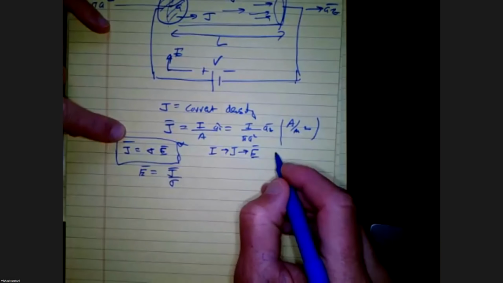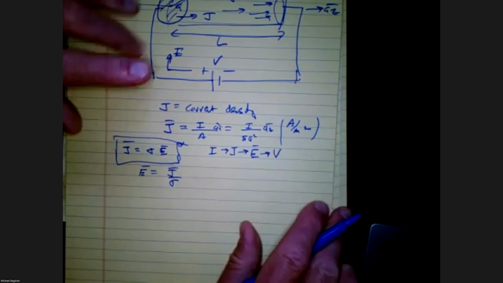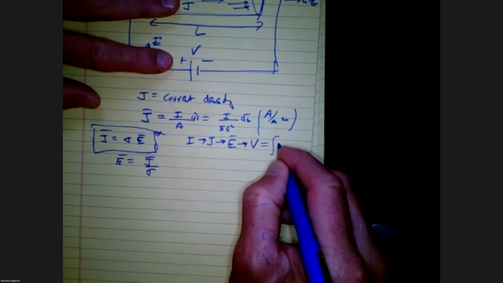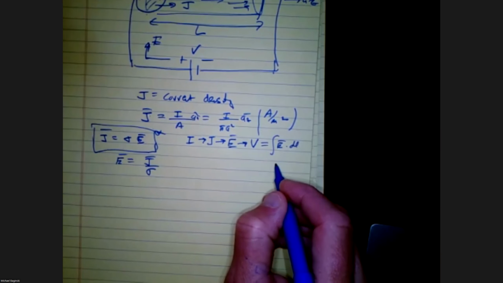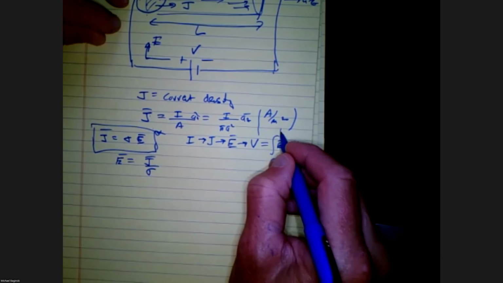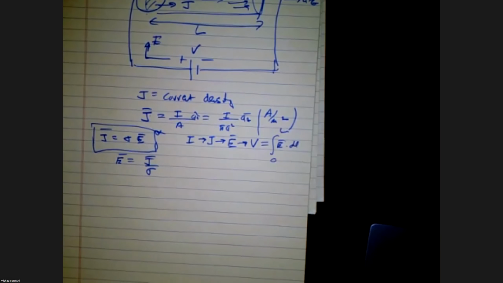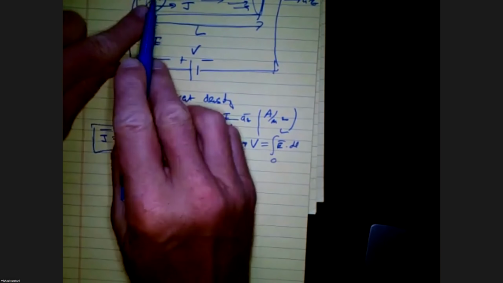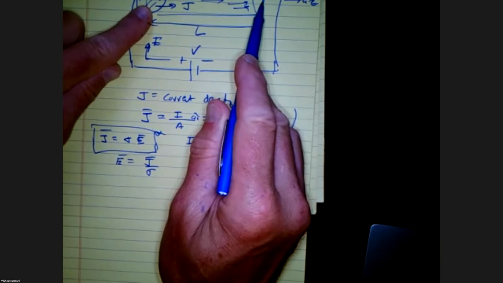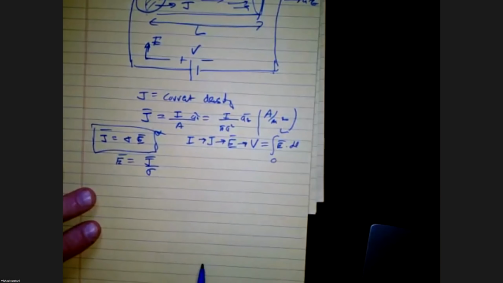Now, after the electric field, we're going to get voltage by integrating the electric field dot dl from 0 to L. That voltage will always be strictly positive. That's a nice thing, because we're talking about a value of voltage that would be developed across 2 points.